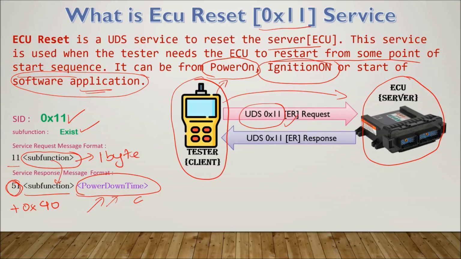Depending on the subfunction requested by the tester, it performs the ECU reset if everything is proper, and the ECU sends the response. This is 51 actually, not 11. So the request-response format happens.